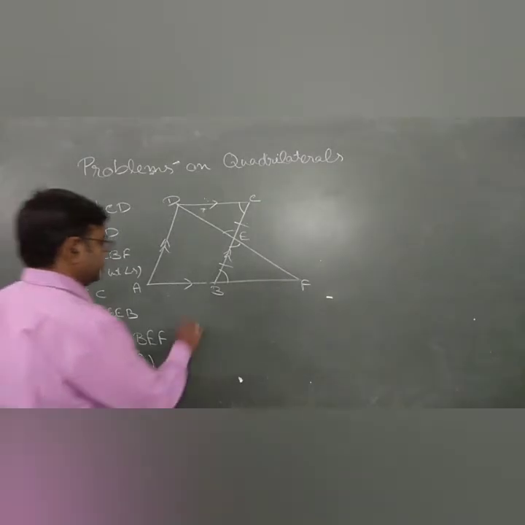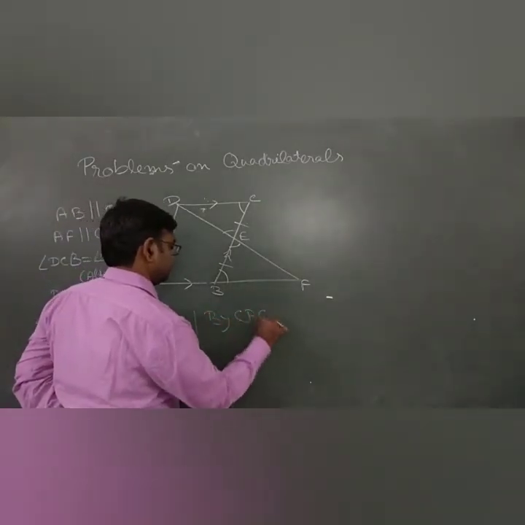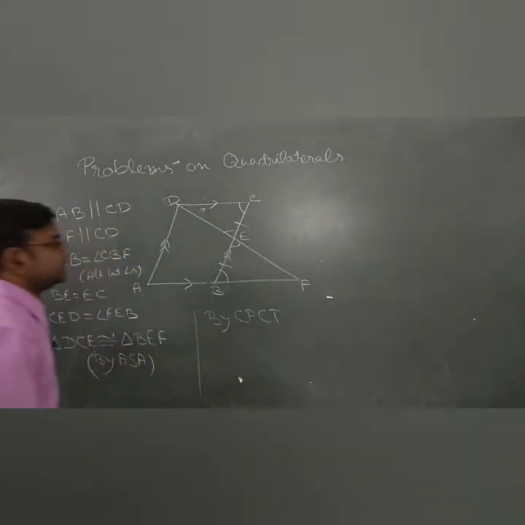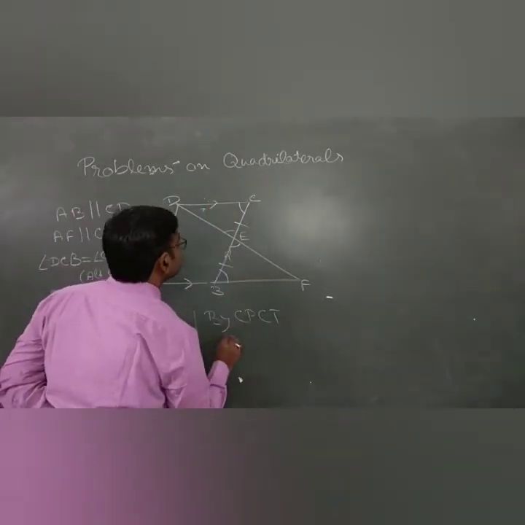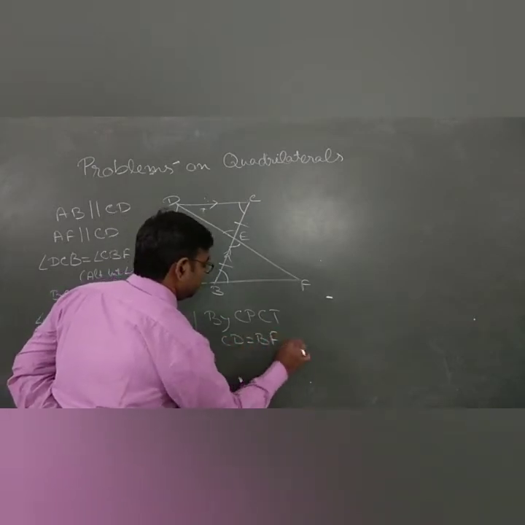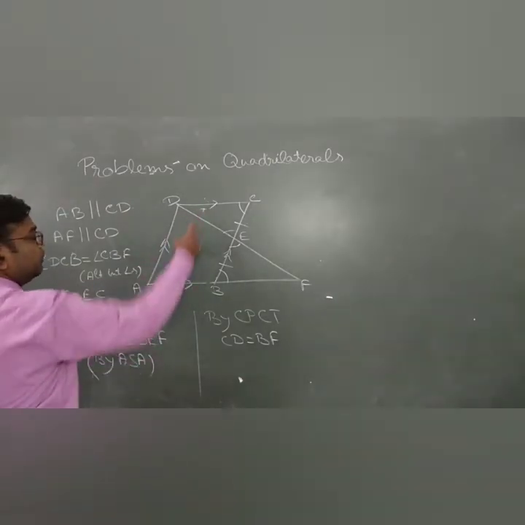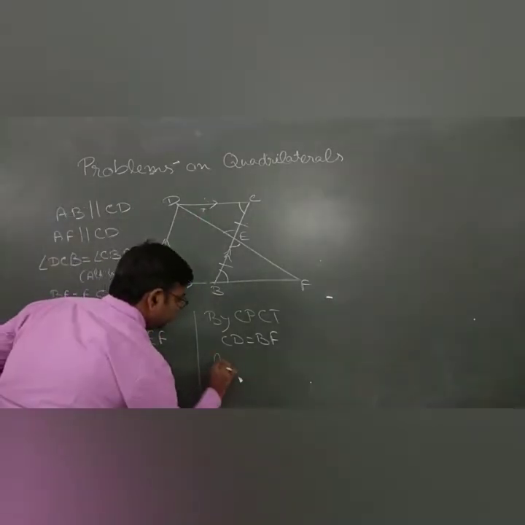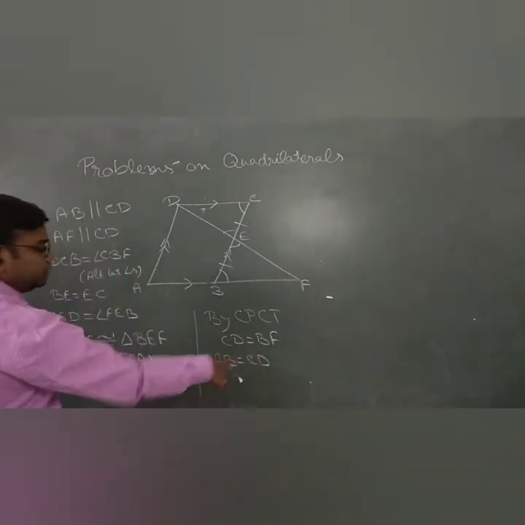Therefore, by CPCT we can say that this side equals this side. CD equals BF. And also we know that AB equals CD from the parallelogram. It's not by CPCT, it's by parallelogram.